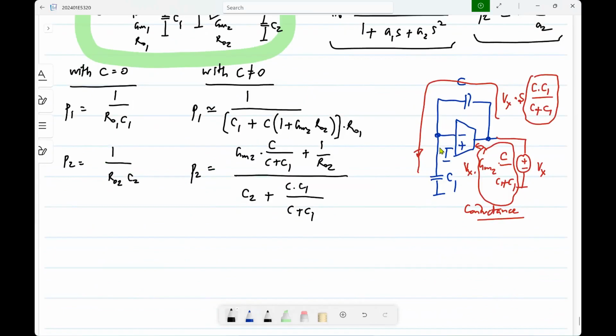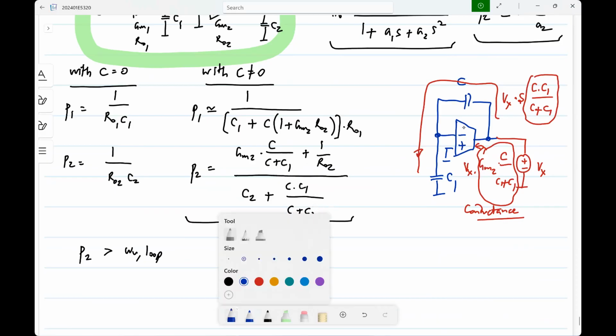So now what was, how is this related to the condition we had? We wanted the non-dominant pole to be greater than the unity loop gain frequency. Okay. Now, if you look at this non-dominant pole, this looks more complicated than what we have earlier. But if you have C1 equal to 0, right?